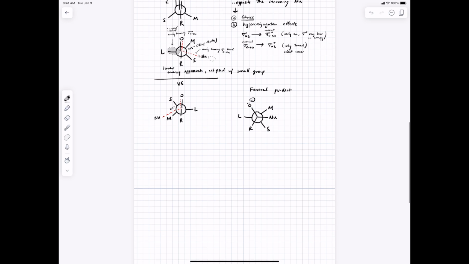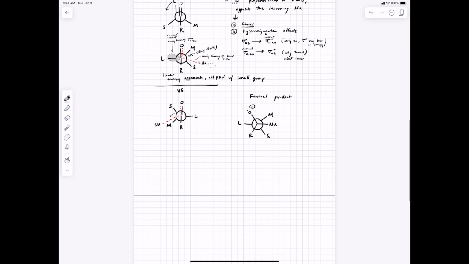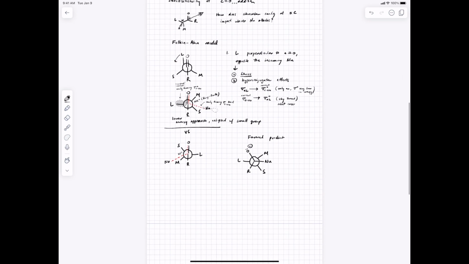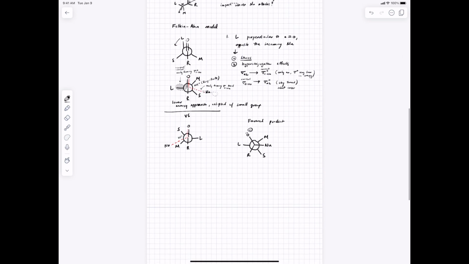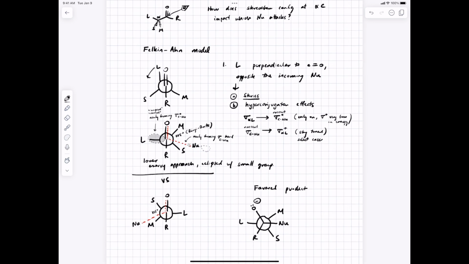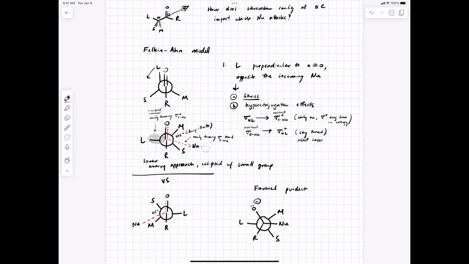If we were to draw the favored product from the side, from our perspective, the nucleophile came in from the right-hand side.